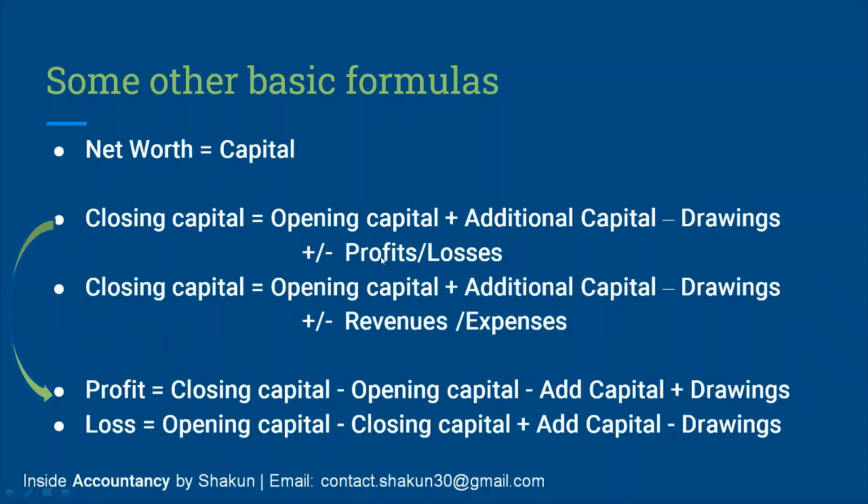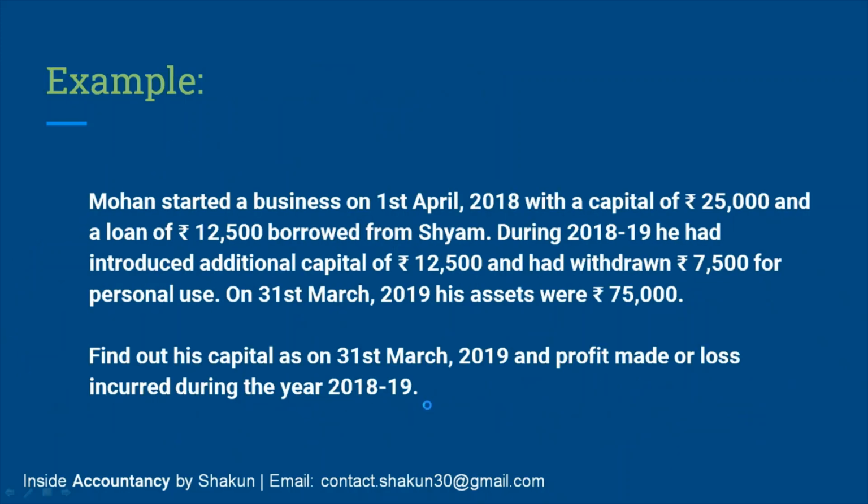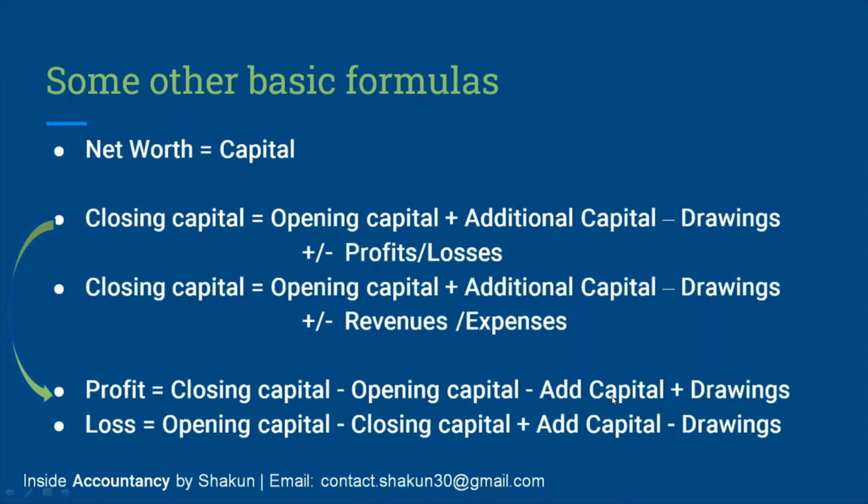So if we just keep profit on the right side and take everything on the left side, then our formula for calculating profit would be closing capital minus the opening capital minus the additional capital plus the drawings. So the signs have reversed because you're shifting everything on that side. So profit is equal to closing capital minus the opening capital minus the additional capital and add drawings.